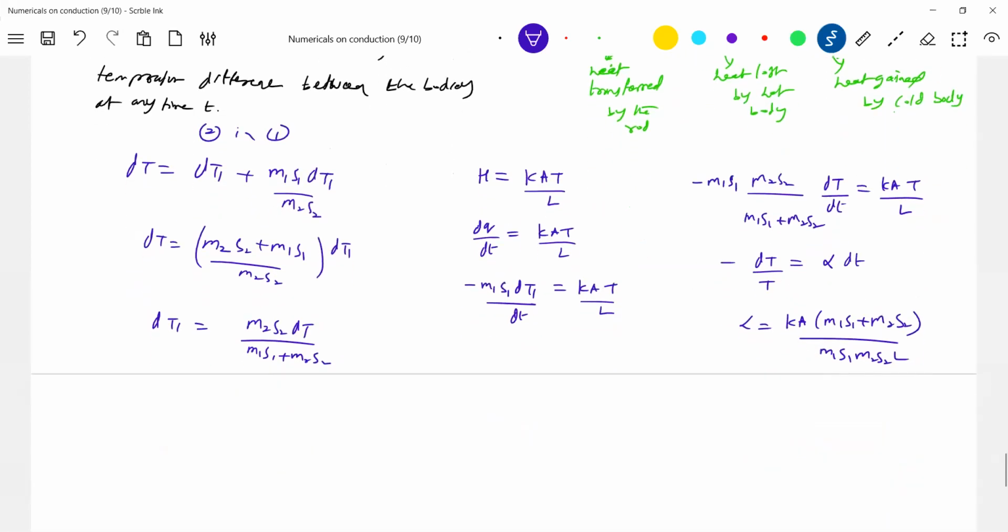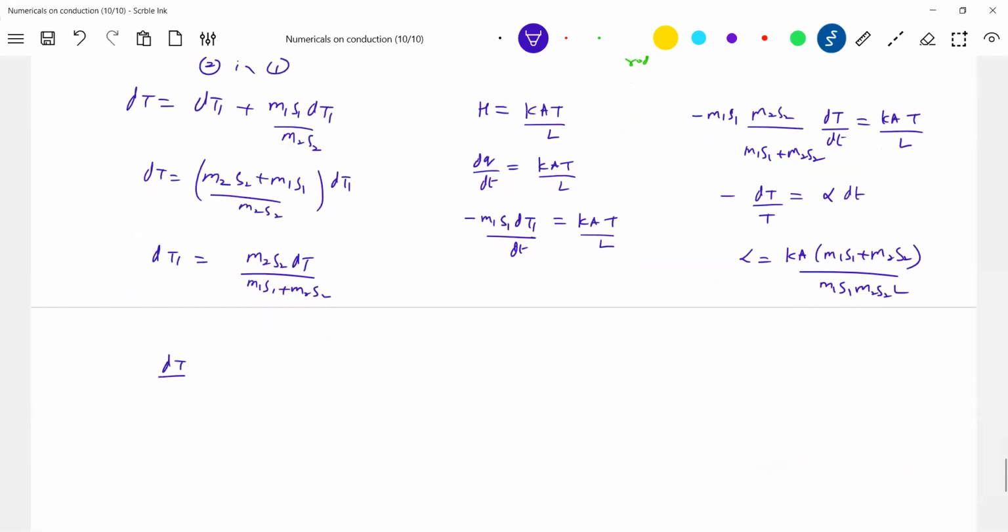Okay, let me integrate now. What is T? Already I defined it. What should be the limit? Initial temperature difference, how much is it? T1 minus T2. Final temperature difference is T. So this will become log of T.